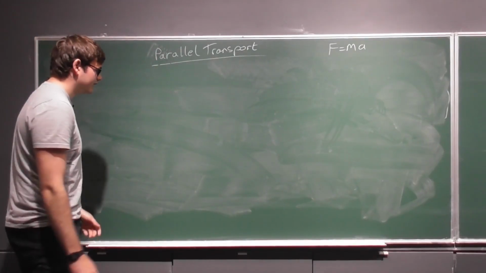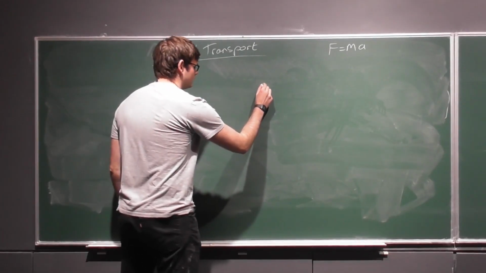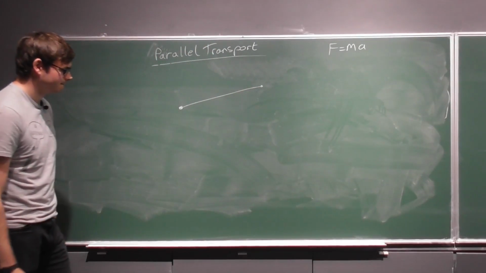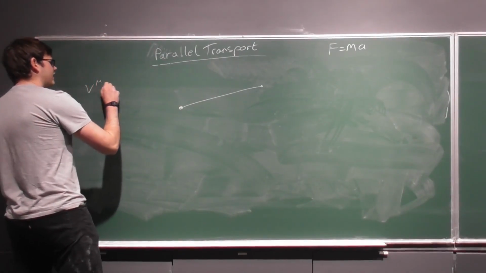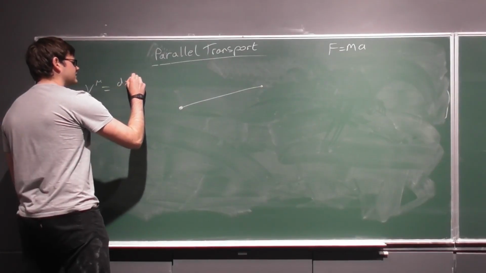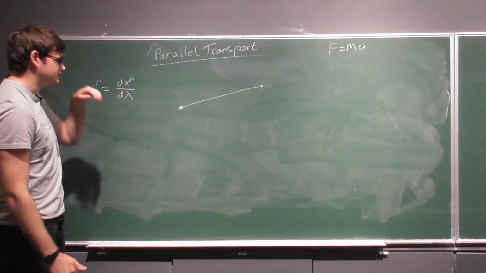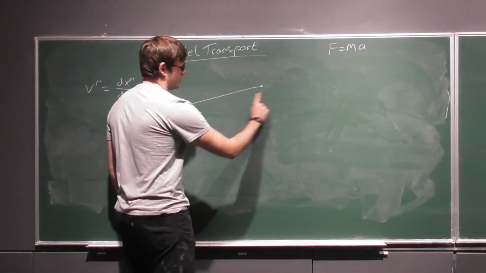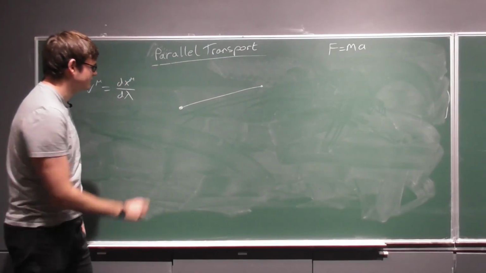So let's go back and just think about flat space. If you are on a straight line, then you would go just like this between two points. If we define your velocity vector to be the derivative of your position with respect to lambda, where lambda is the parameter that's just parameterizing this trajectory, you can think of it like time, but it doesn't have to be.